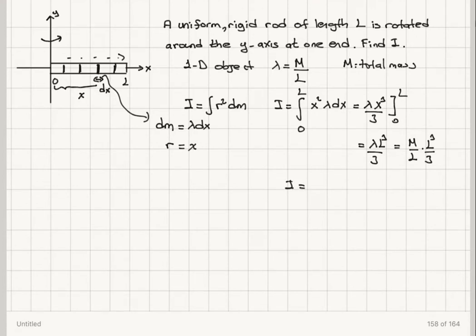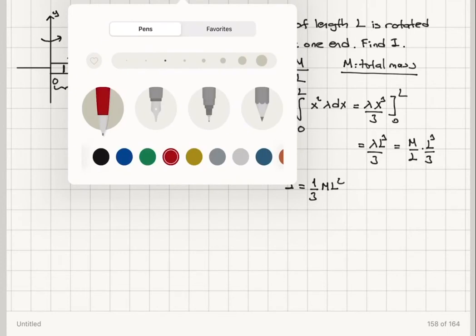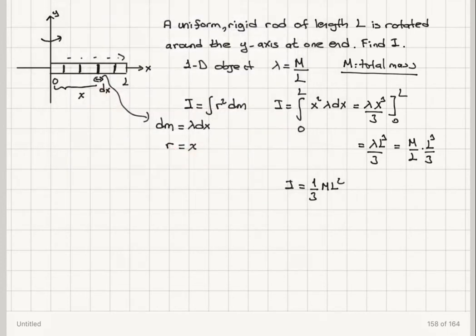So the moment of inertia is 1 over 3 m L squared. Obviously the total mass should be given in order to get the moment of inertia. It's 1 over 3 m L squared for this case.